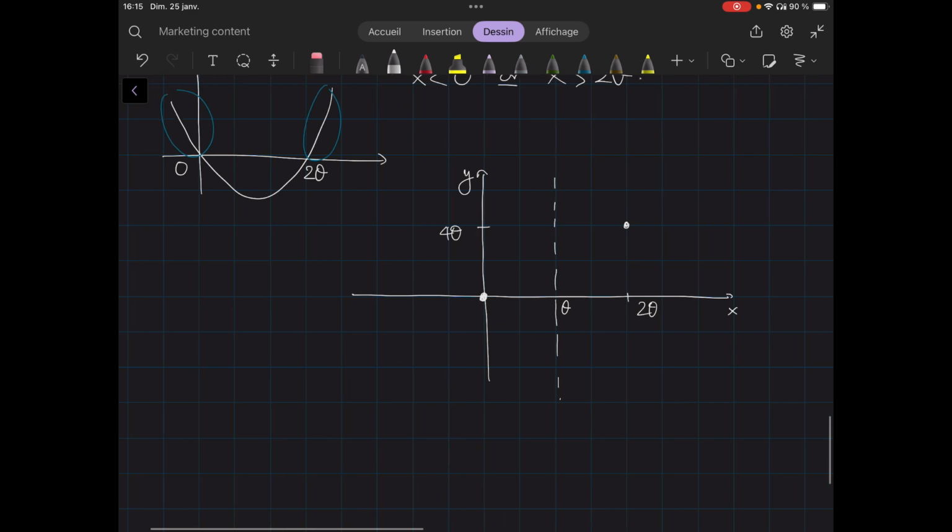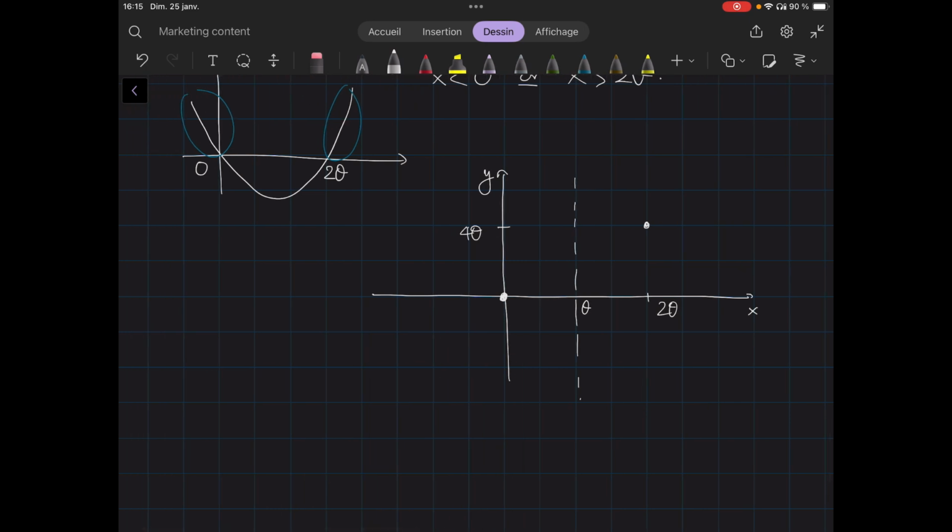If you want to make the sketch even better, you must also find the equation of the slant asymptote. To find the equation of a slant asymptote, we are going to do the long division.